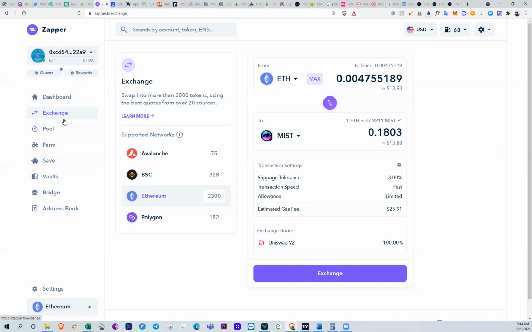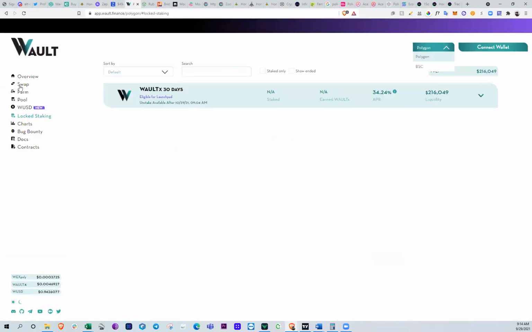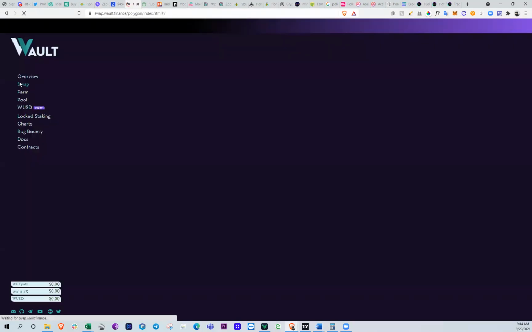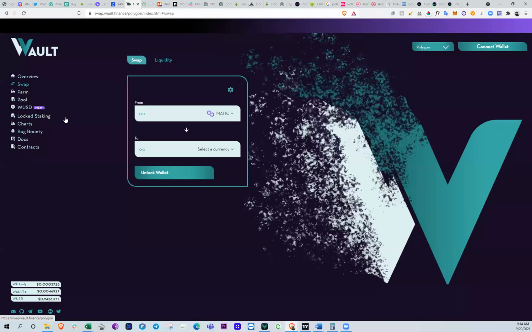But at the end of the day, this same concept is available on other exchanges, on other blockchains, and you'll be able to do the same thing. You take some money, you put it into a pool.